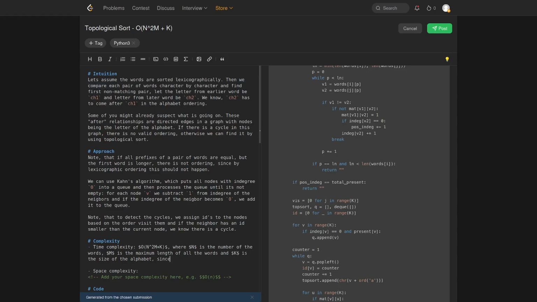Since we first compare all n squared pairs of words and iterate over them in m, and then run a topological sort on the graph.